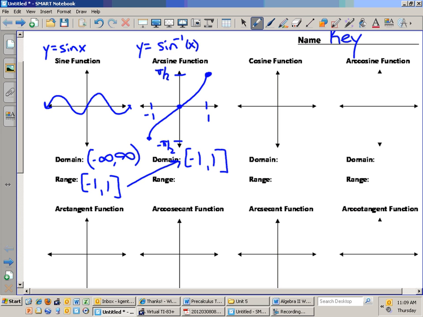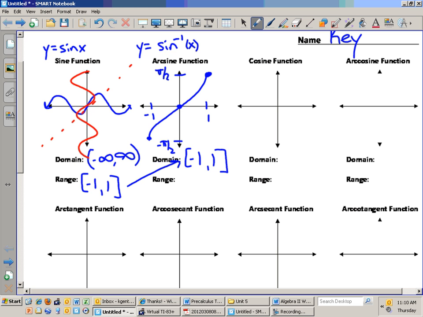Because if you remember, in order to figure out an inverse function, we take the graph and we flip it over the line y equals x. If you did that, you would get this shape. Why is that not a function? Doesn't pass the vertical line test.